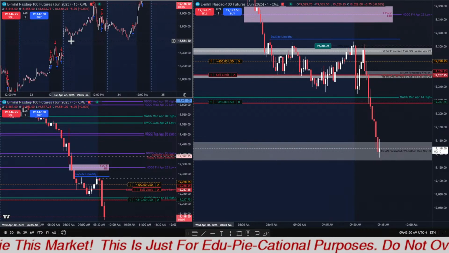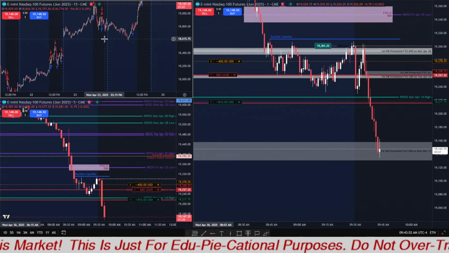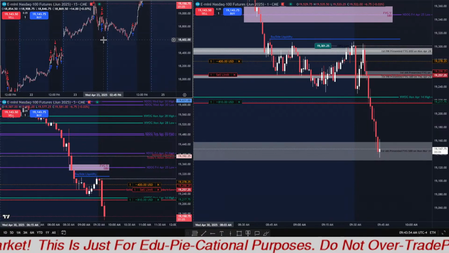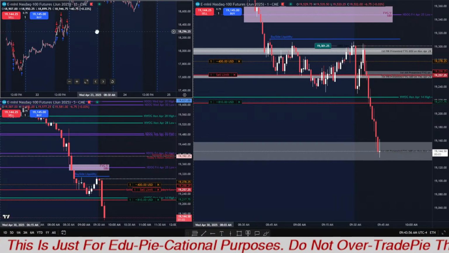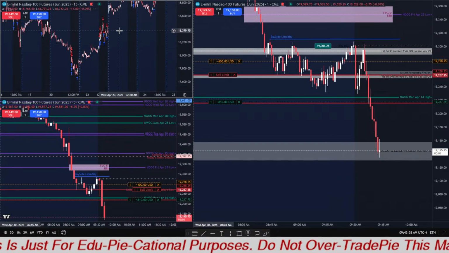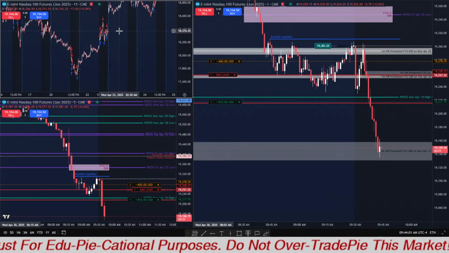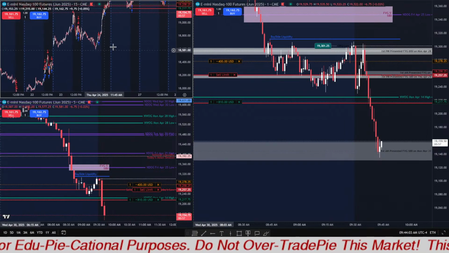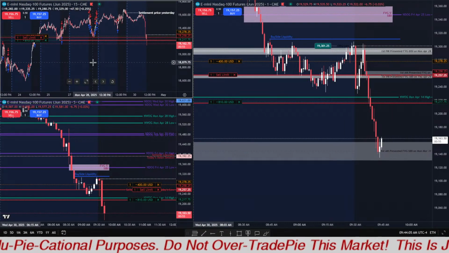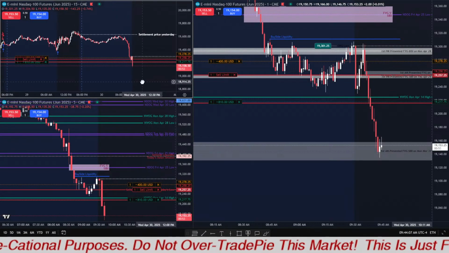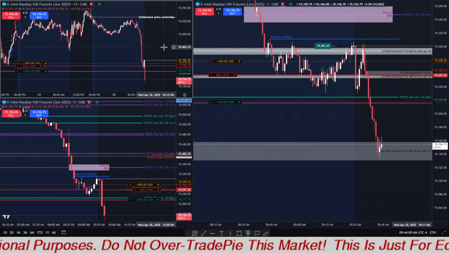So seeing higher prices is apparently not very possible for today's trading. Anyway, let's see how we are trading over here for today.